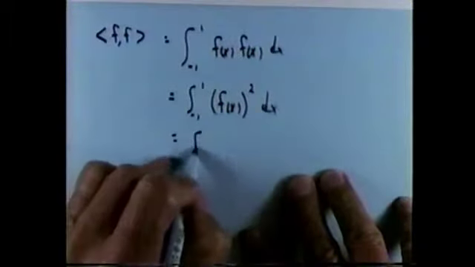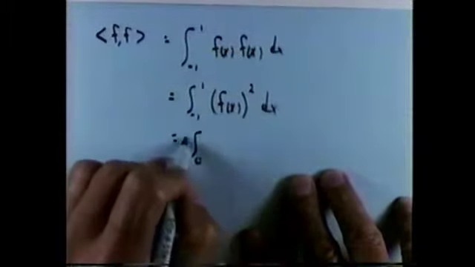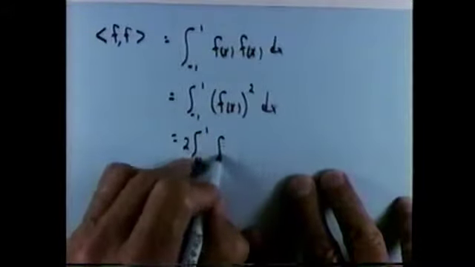Now since this is an even function, this would equal 2 times the integral from 0 to 1 of f of x quantity squared dx.